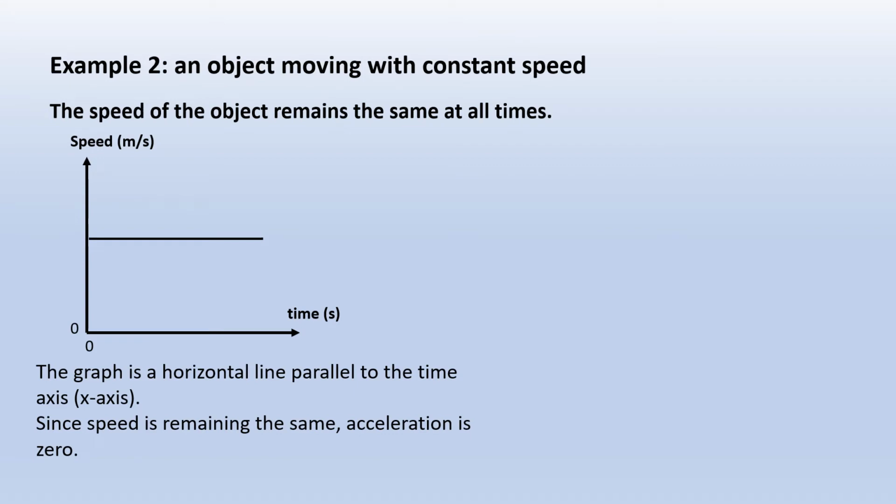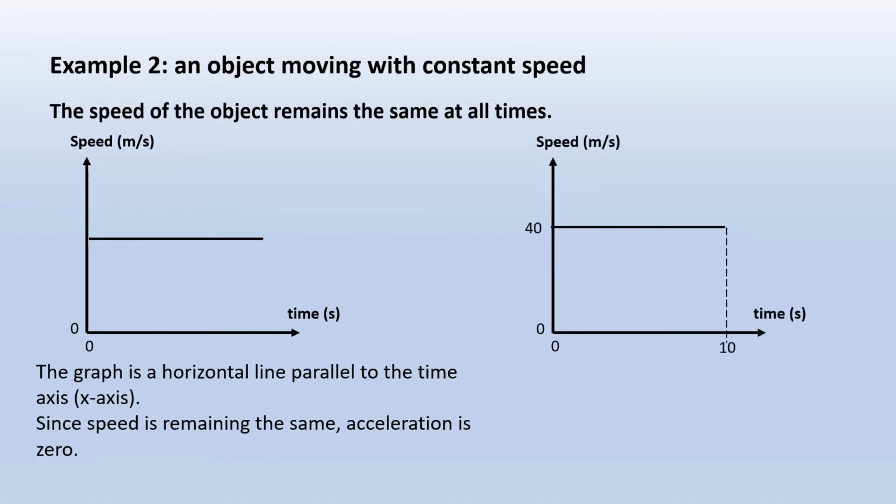Since speed is remaining the same, acceleration is 0. Here we have an example of an object that is moving with constant speed of 40 meters per second for 10 seconds. The graph is a horizontal line.